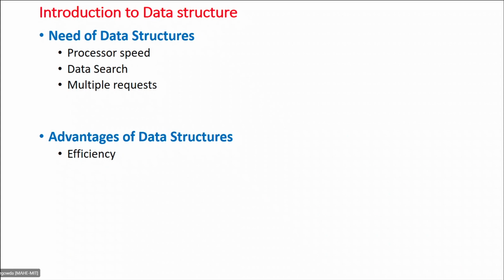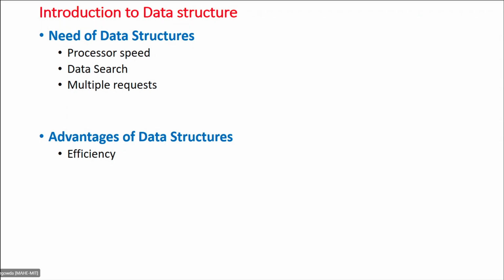Say, for example, suppose I am given an array consisting of 100 elements. The data to be searched may be located at the end of the array, so you need to traverse through all the elements from the beginning. So representing the data using arrays may not be efficient.